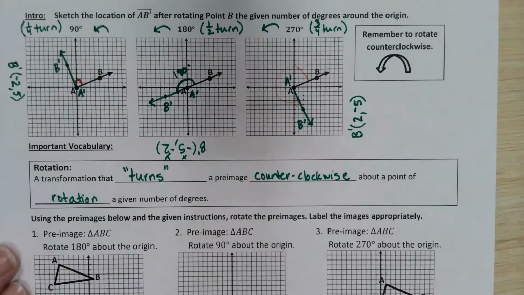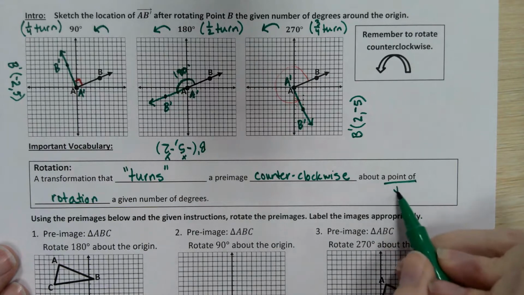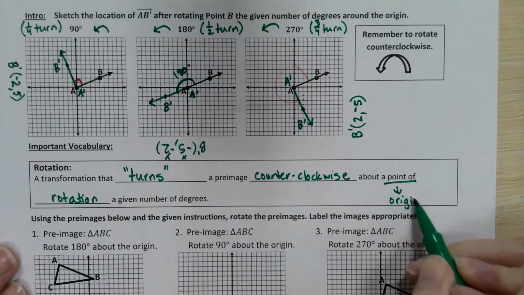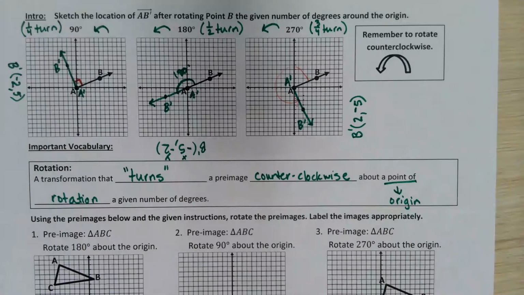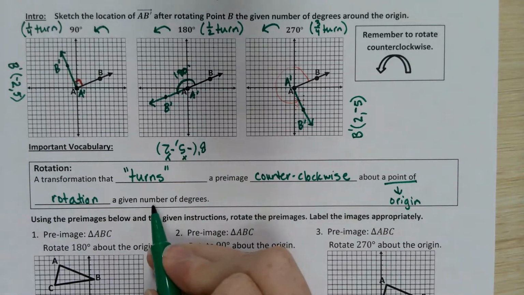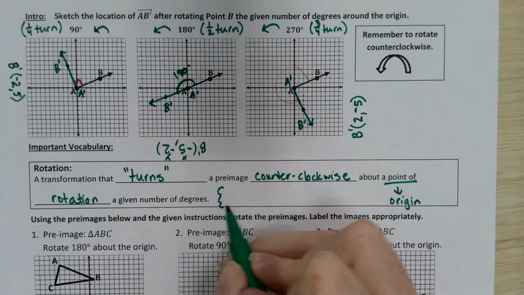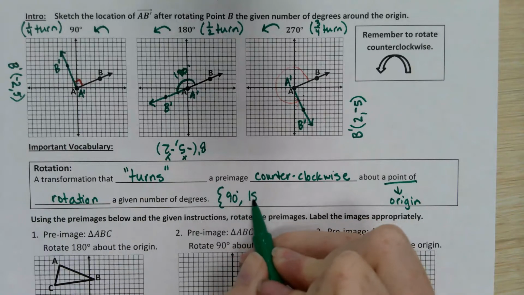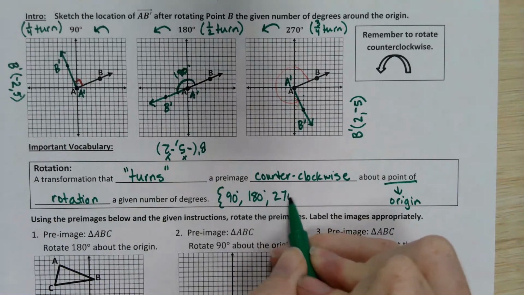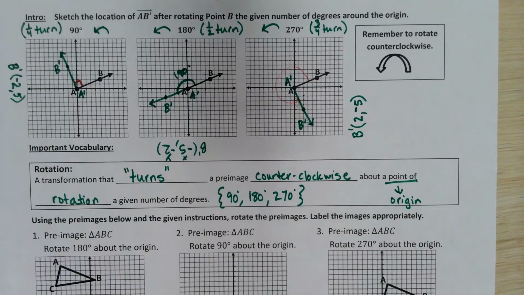And we can technically rotate around any point, but we are going to use a point of rotation that's always the origin for our problems. And then the given number of degrees is either going to be 90, 180, or 270. Those 3 that we practiced up above.